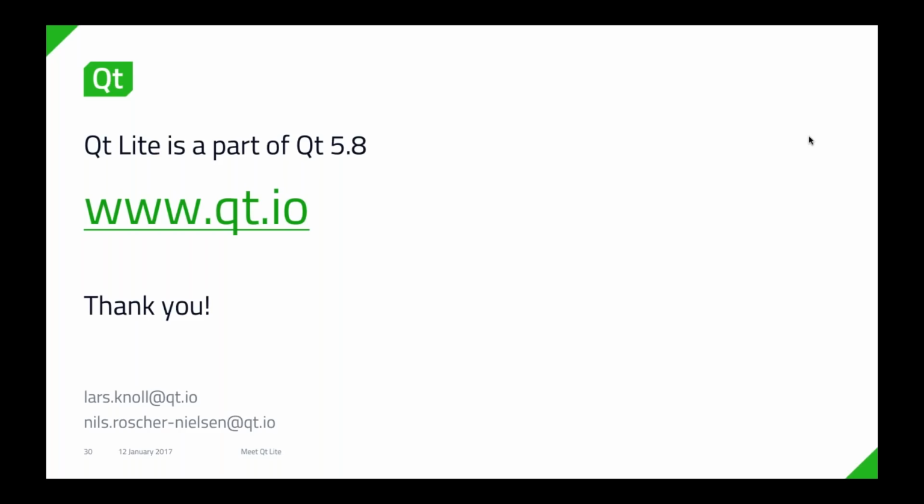But I can give a very short statement here. We've done quite a bit of work with Qt 5.8 to make certain parts of Qt more independent of the underlying graphics APIs, i.e. more independent of OpenGL in this case.